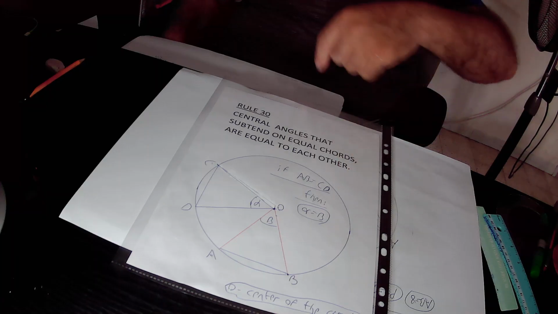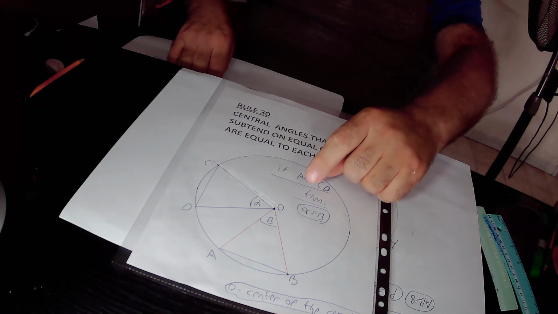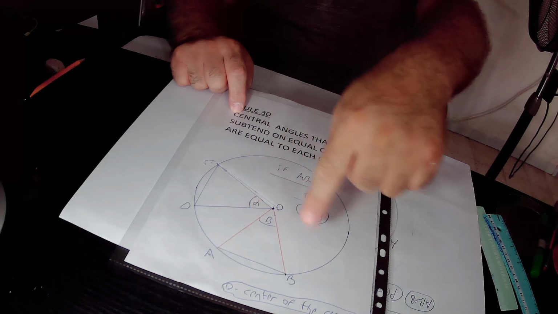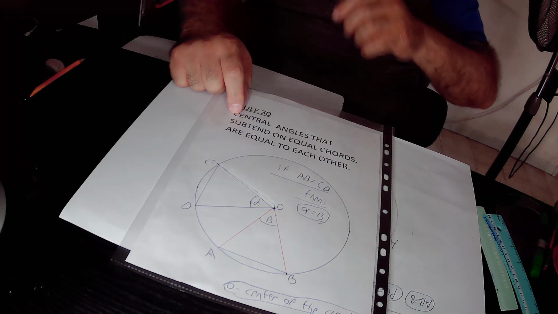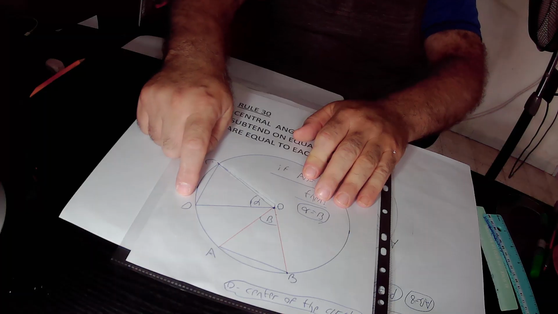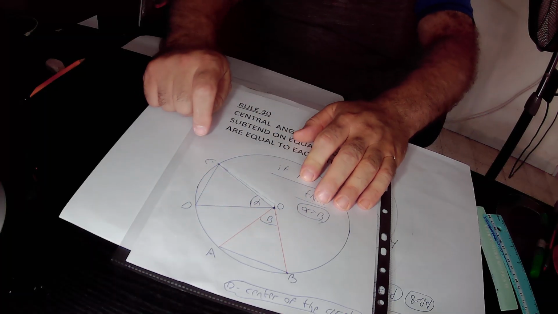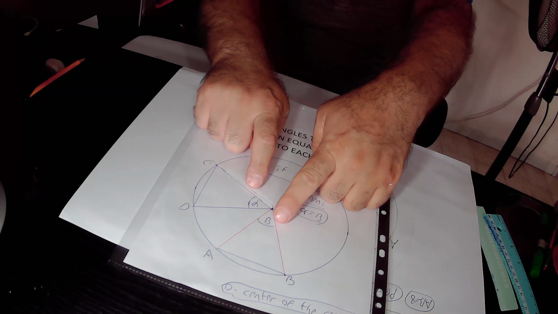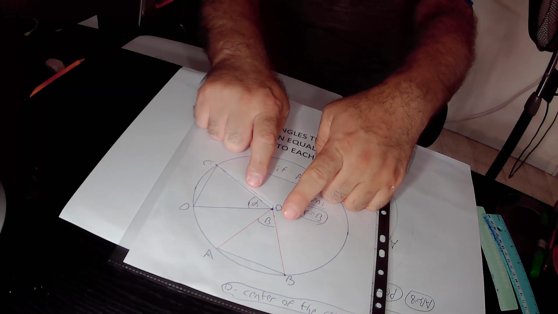In the drawing we have a circle, and this is central angle COD, this is central angle AOB. If we know that chord CD is equal to chord AB, then those two central angles must also be equal to each other in their sizes. That is to say, alpha equals beta.